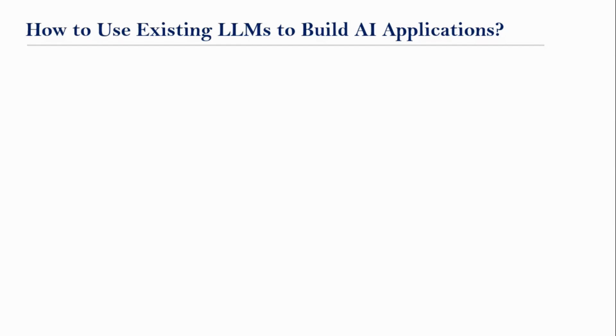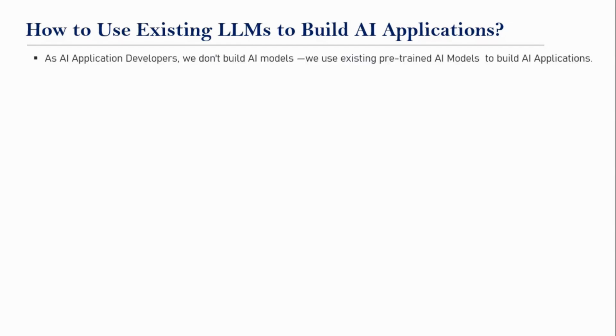Friends, here we are talking about how to use existing LLMs to build AI applications. We already know that as AI application developers, we don't build AI models. Simply, we use existing pre-trained AI models to build AI applications.